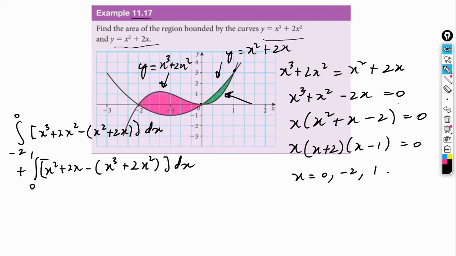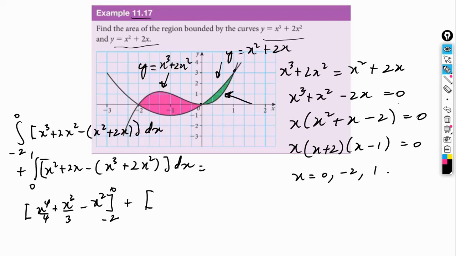Okay, so let's do the integration for the first one. Notice that then we would get x to the 4 over 4 plus x cubed over 3 minus x squared, and this is from -2 to 0. And then for the other one, we would get, okay, similar terms.